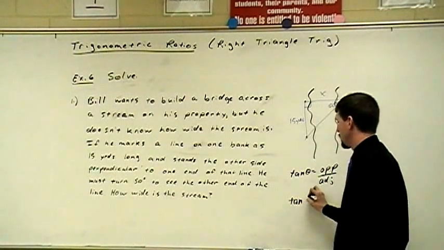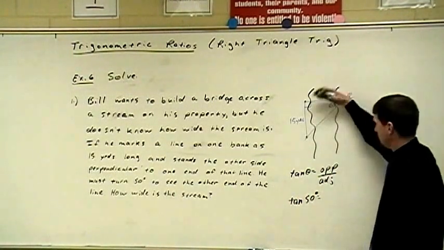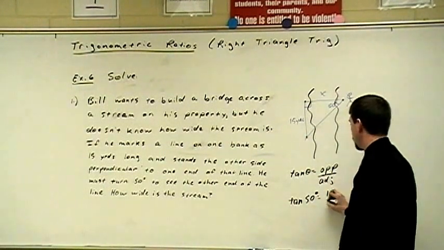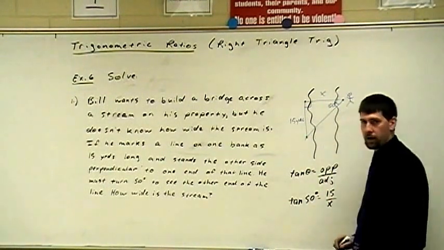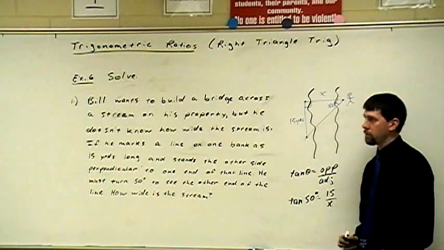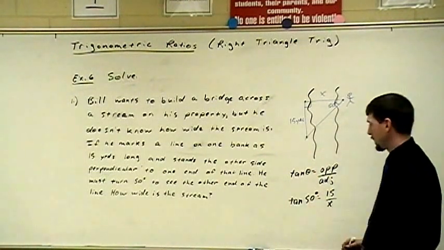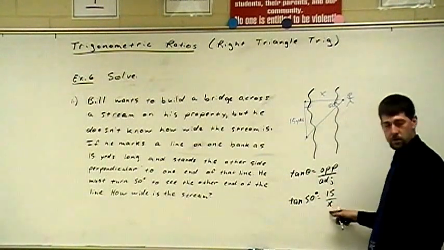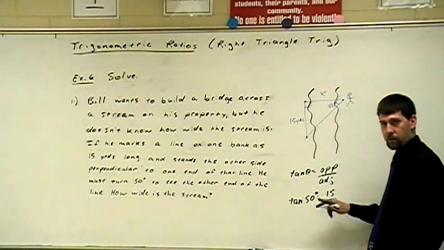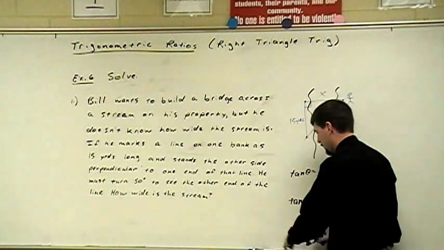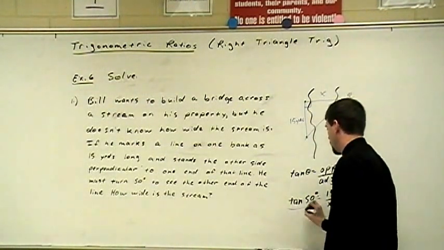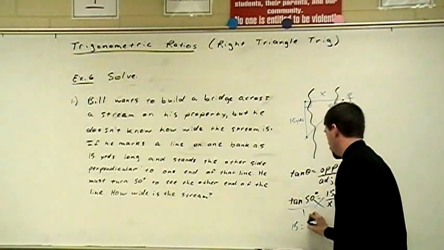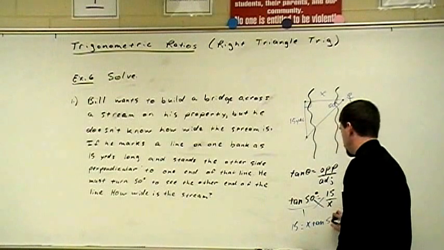So tangent of 50 degrees, because that was his angle of rotation there, is going to be opposite 15 over adjacent x. And we just go back into solving the way we did in the last set of examples, or two sets of examples ago. This x is in the denominator, so again we've got to cross multiply. So I get 15 equals x tangent of 50 degrees.